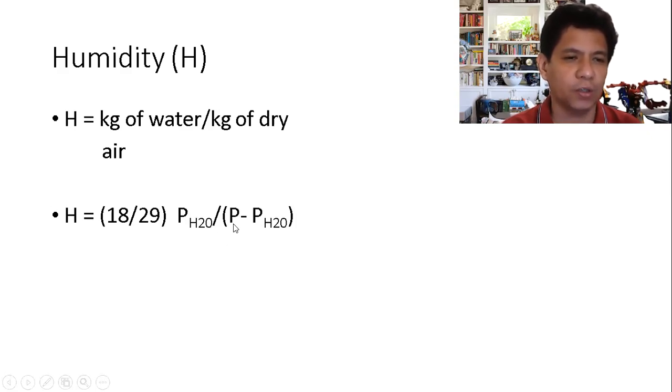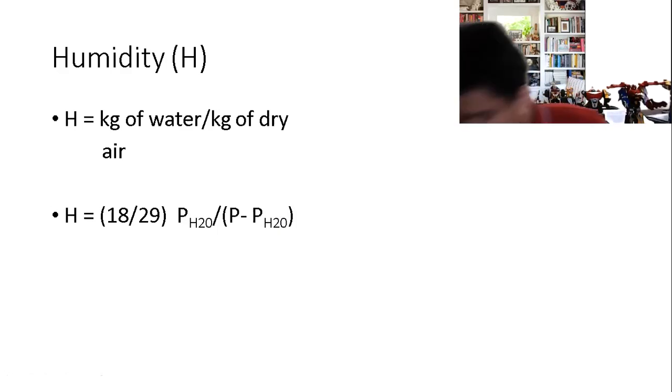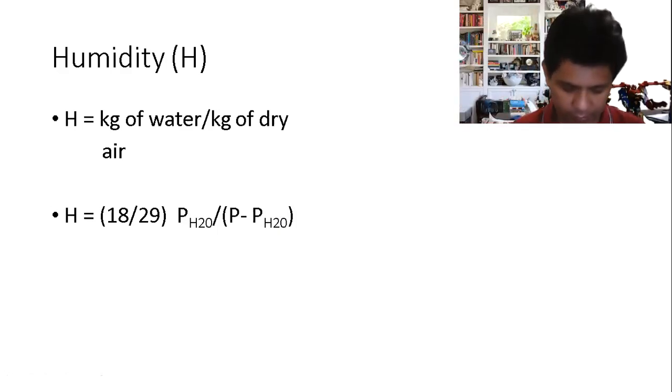P right here is the total pressure, the atmospheric pressure. pH2O is the partial pressure of water. Let me annotate this slide.